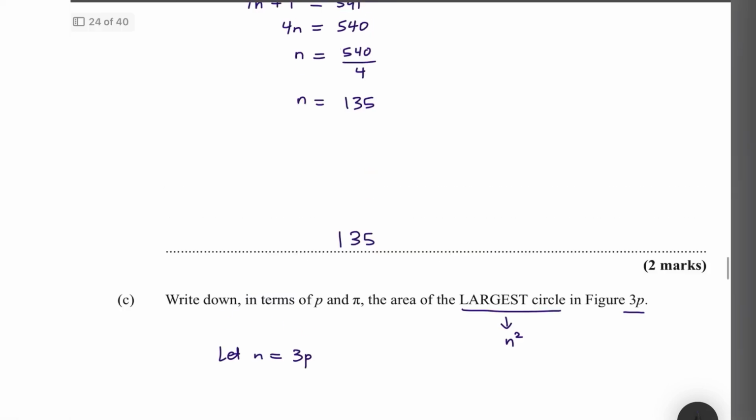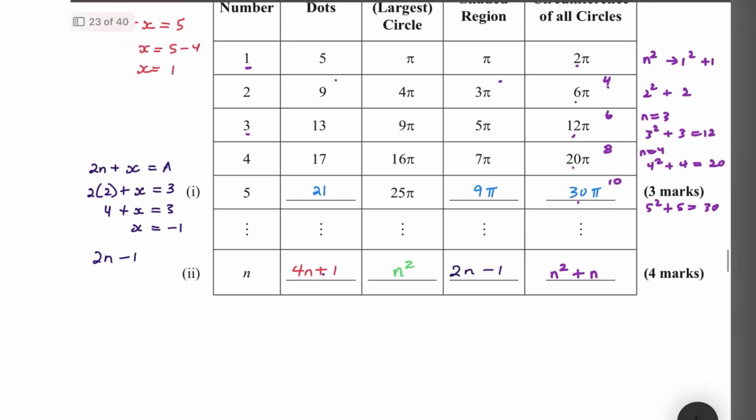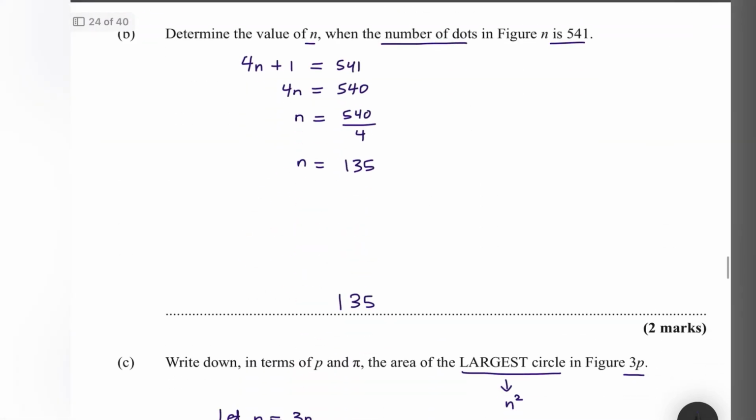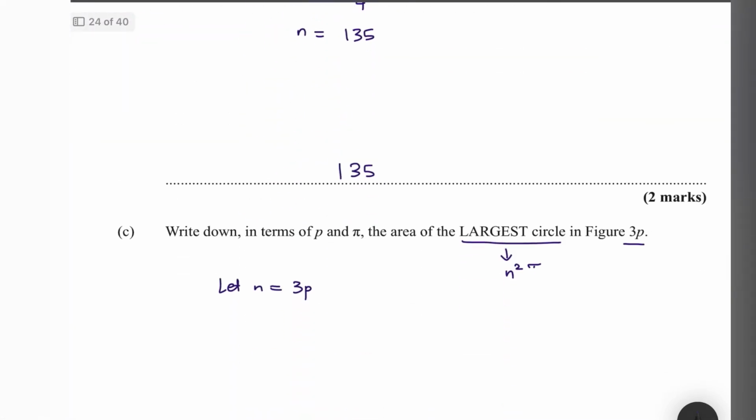Oh, you know what? Sorry, I forgot something. There should have been n squared by pi. I forgot the pi part of it because the n squared is the figure number squared multiplied by pi. So it should be n squared pi. That is the formula to get the largest circle. So then, if we're looking at figure 3p, it means n, which is typically the figure number, is actually 3p in this case.